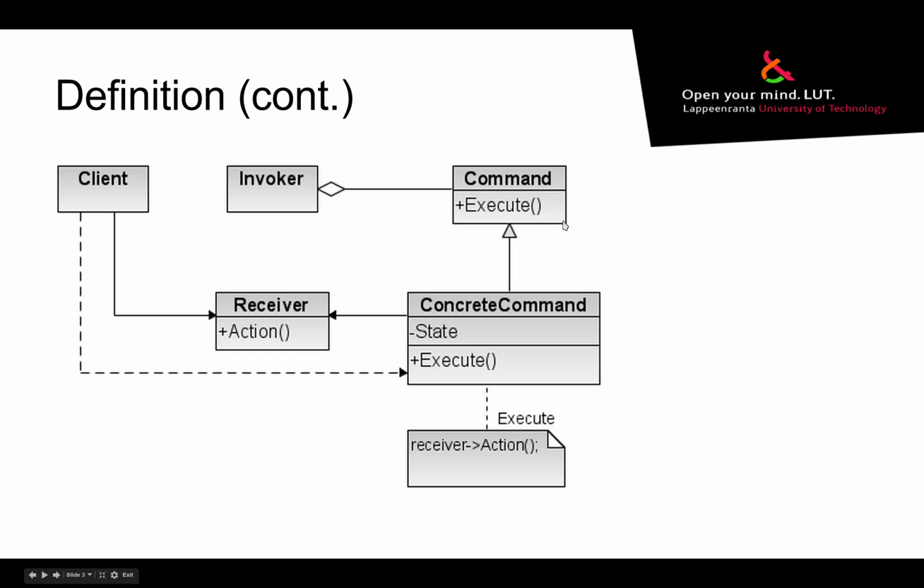This class or interface is then implemented as a concrete command that contains the execute method as well as the state. Of course, if you have a receiver here, the command has to know about your receiver in order to invoke the action, as is shown here.